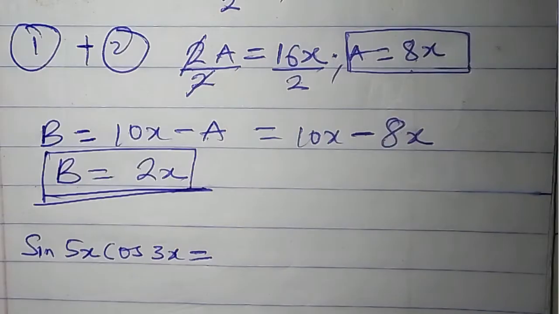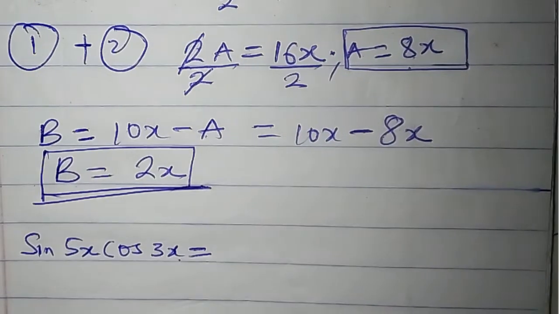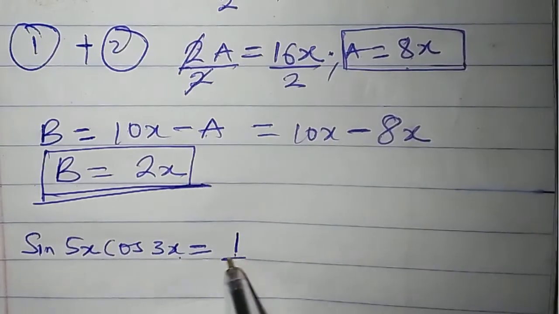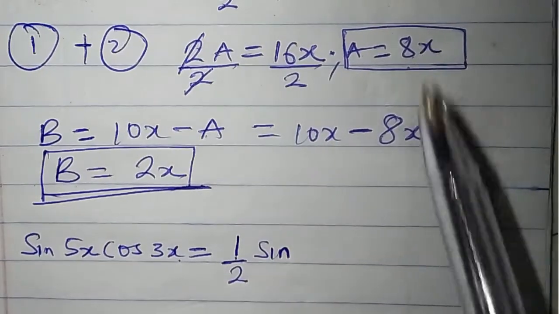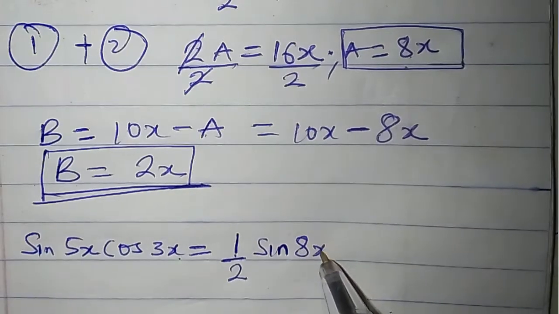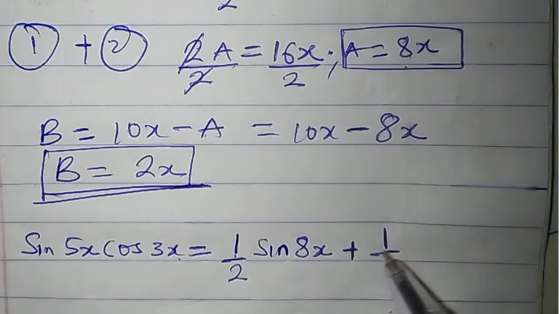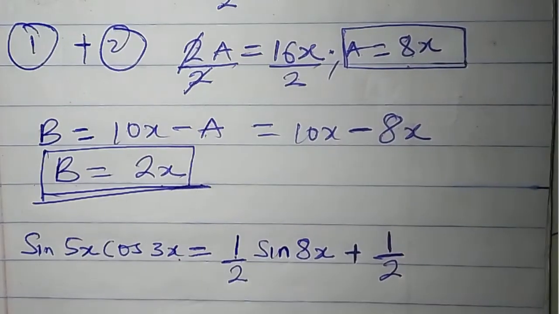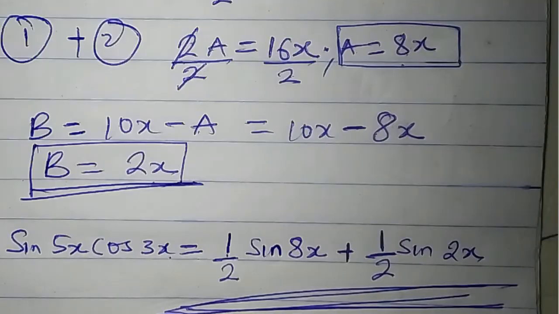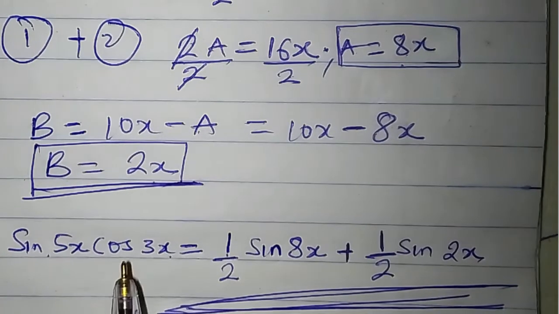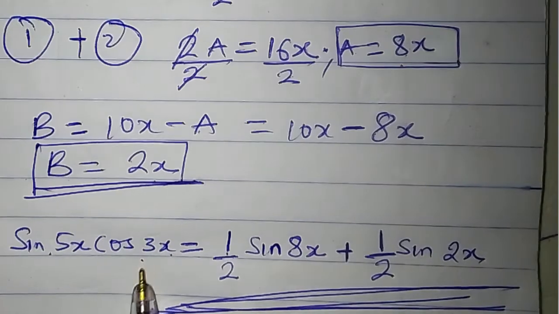And so, therefore, sine 5x cos 3x is equal to half sine A, and A is what? 8x, plus half sine B, and B is 2x. We have succeeded in expressing sine 5x cos 3x as a sum of two trigonometric ratios.